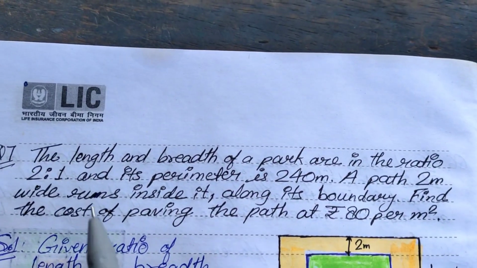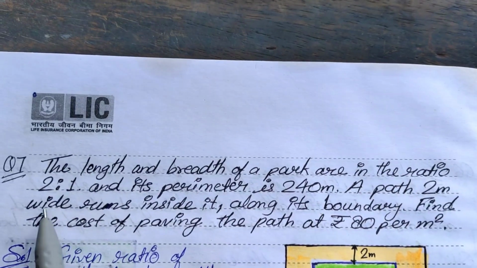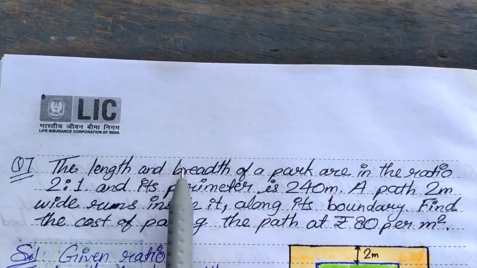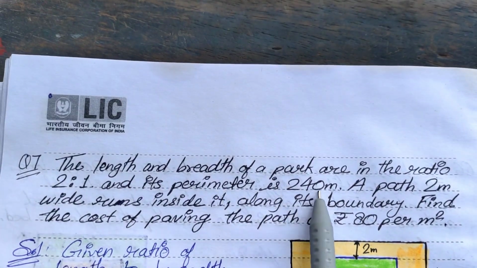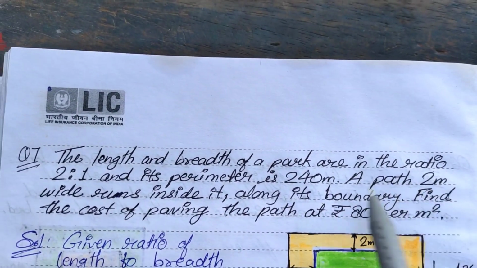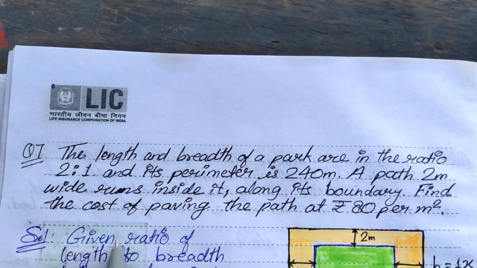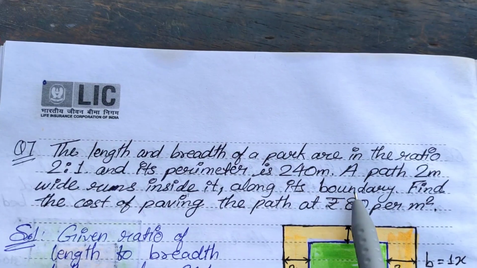Now question number 7. The length and breadth of a park are in the ratio 2:1 and its perimeter is 240 meter. A path 2 meter wide runs inside it along its boundary.